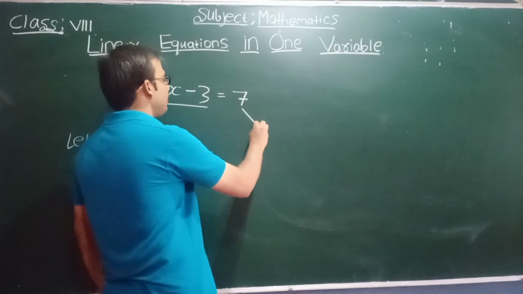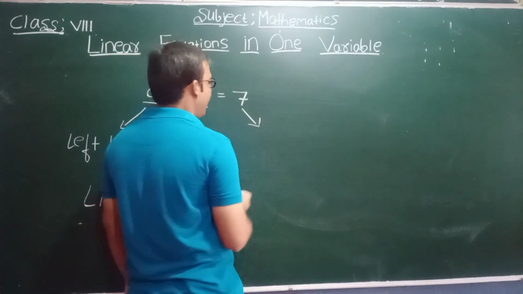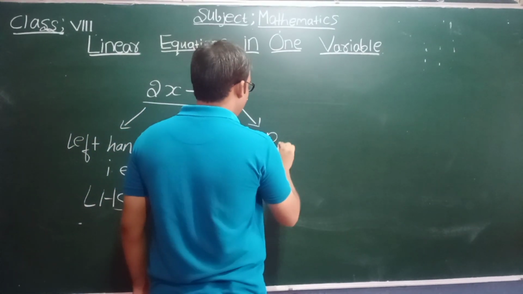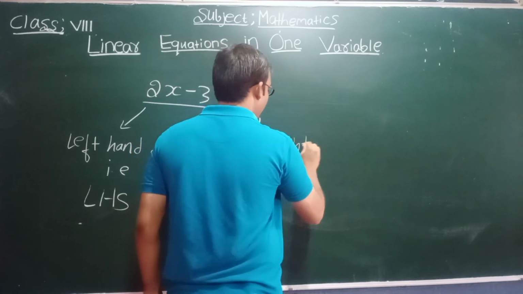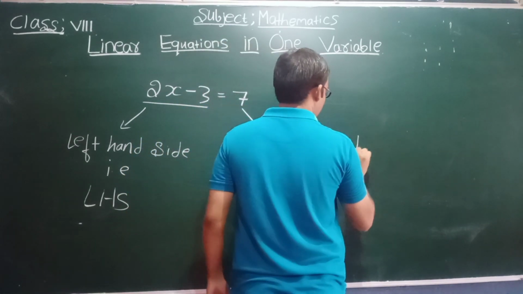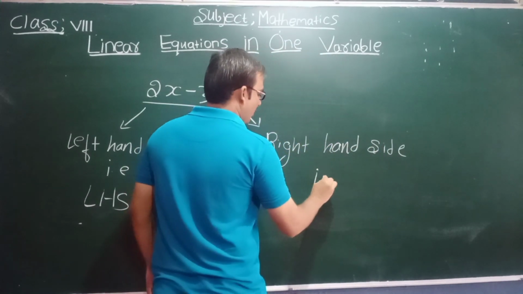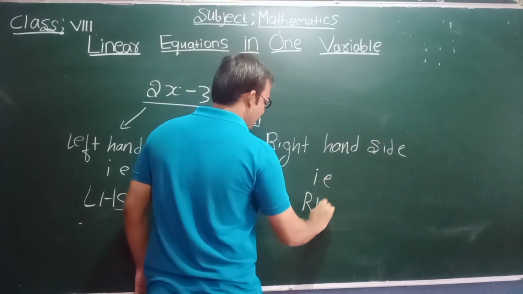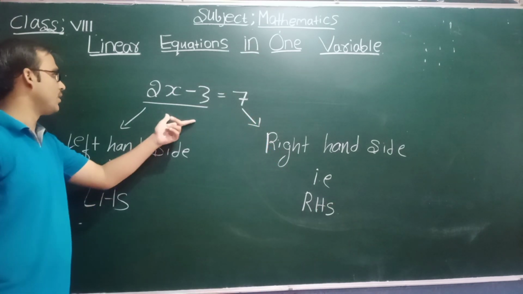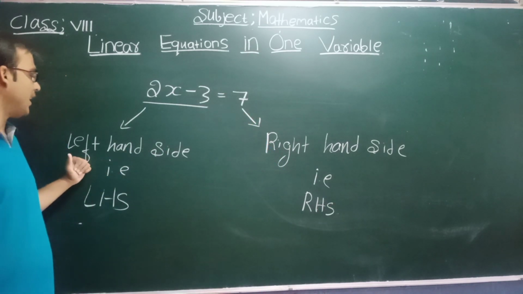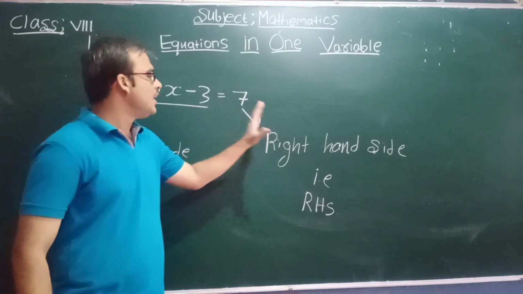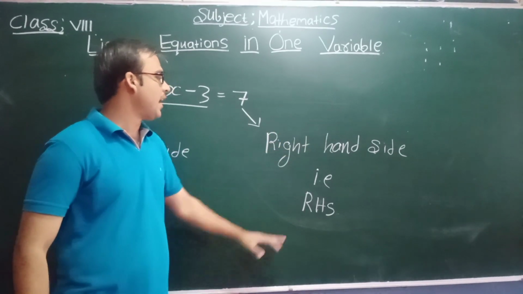The expression towards the right of the equality sign is called the right hand side, or RHS.